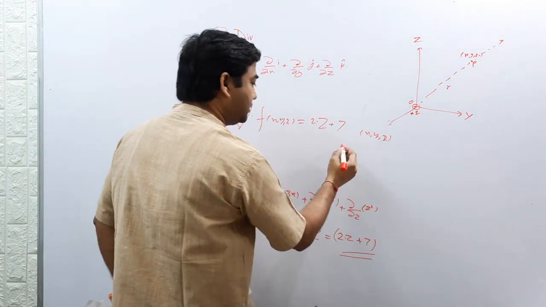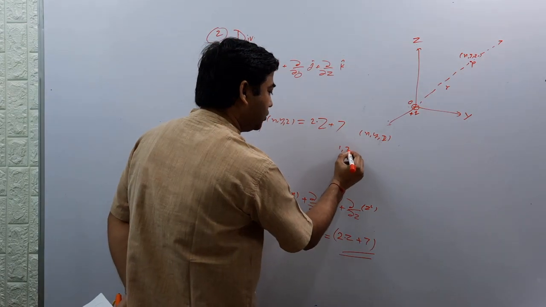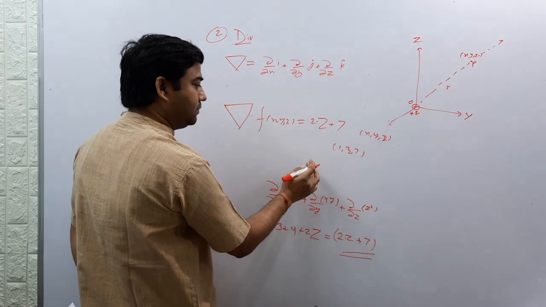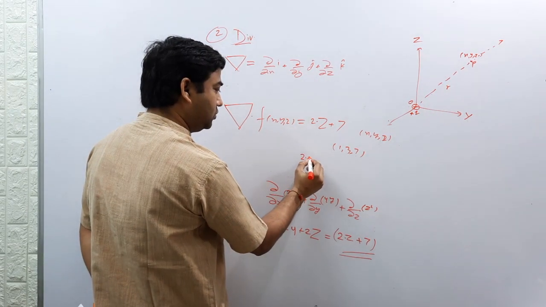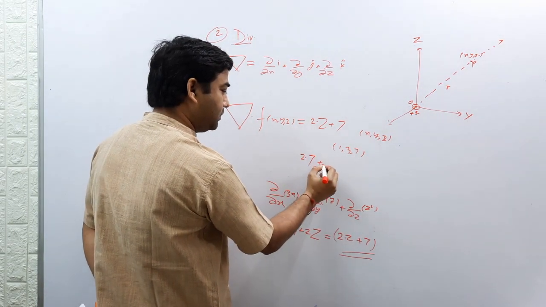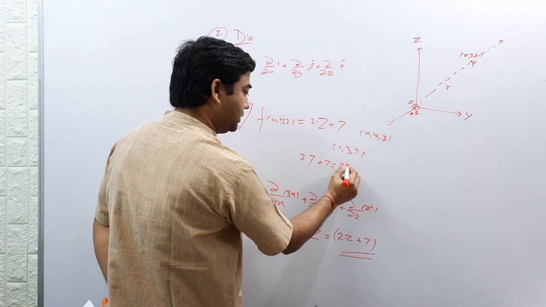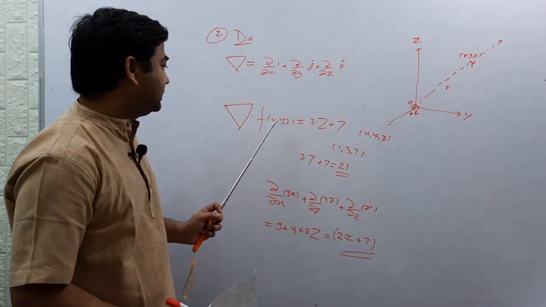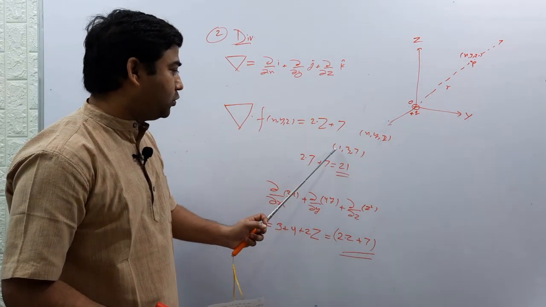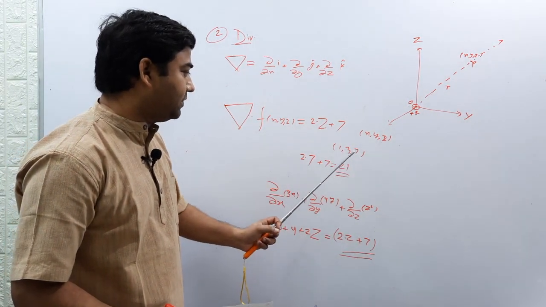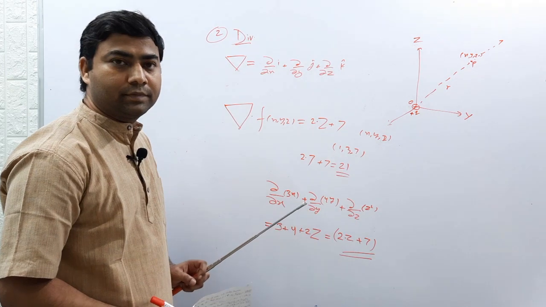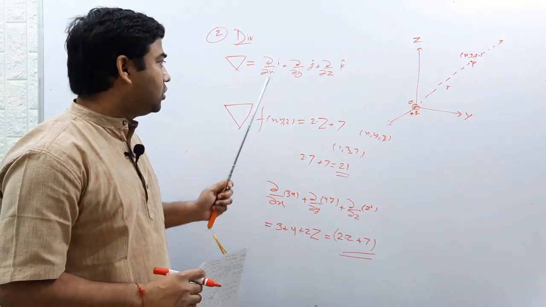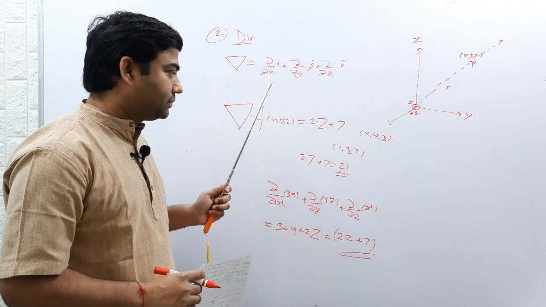Let's take a specific point 1 comma 3 comma 7. Put the values in the general expression, that is 2 into 7 plus 7, 21. So the divergence of this function at point 1 comma 3 comma 7 is 21. That is how we find the divergence of a vector function.